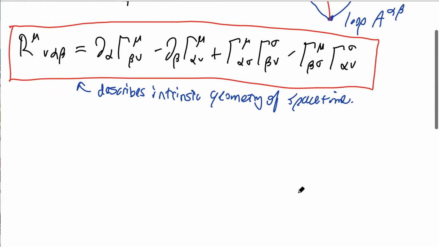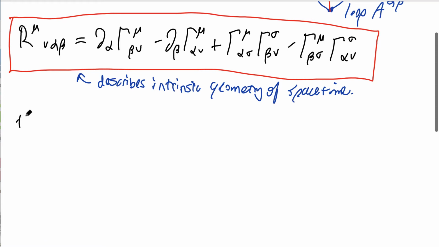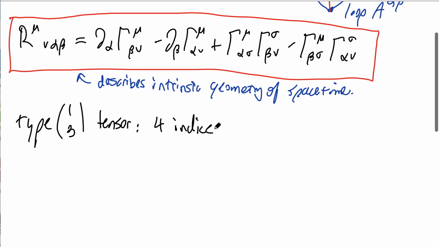So the Riemann tensor, written this way, is a type 1,3 tensor, which means it has 4 indices, and each of those indices can take on any of the values 0, 1, 2, or 3 in 4-dimensional space-time. So that means there are 4 times 4 times 4 times 4 components.